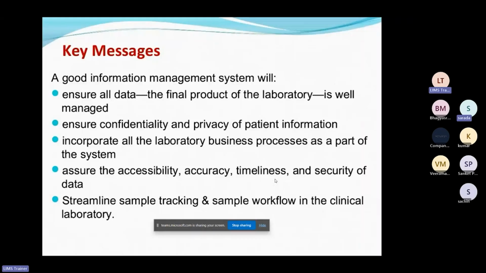Then we have to ensure the confidentiality and privacy. This is in case of patient information, and also if we consider audit purposes, we have to maintain the confidentiality. Then we need to incorporate the laboratory business process as a part of the system.